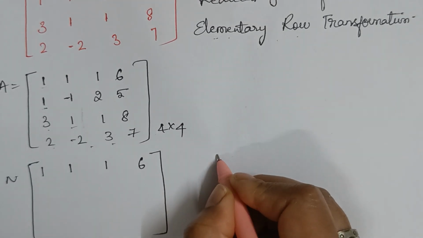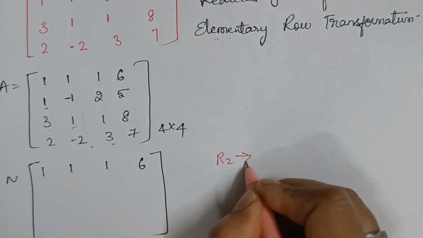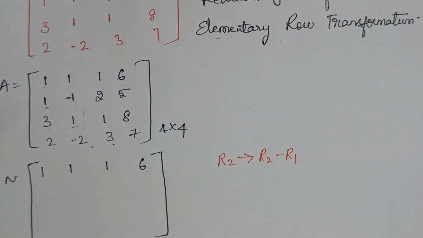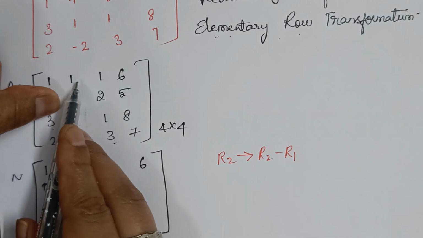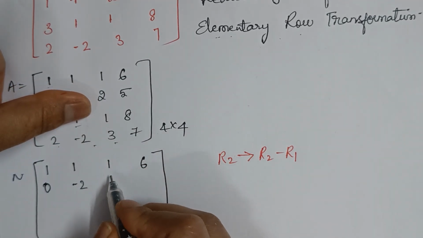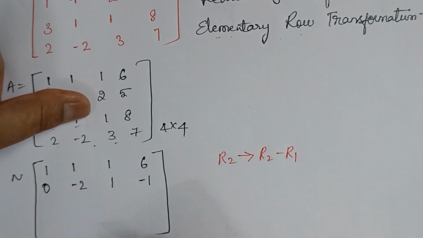Row 2, I will change to row 2 minus row 1. If I do this, what will happen? 1 minus 1, 0, minus 1, minus 1, minus 2, 2 minus 1 is 1, 5 minus 6 is minus 1.